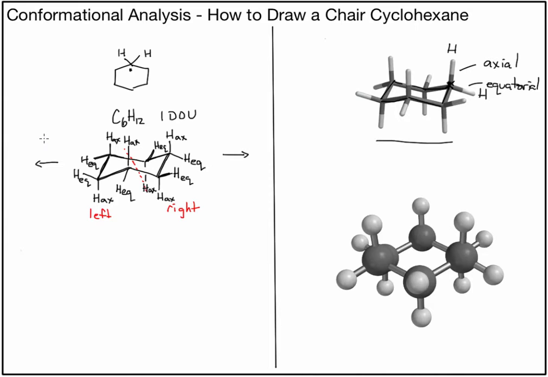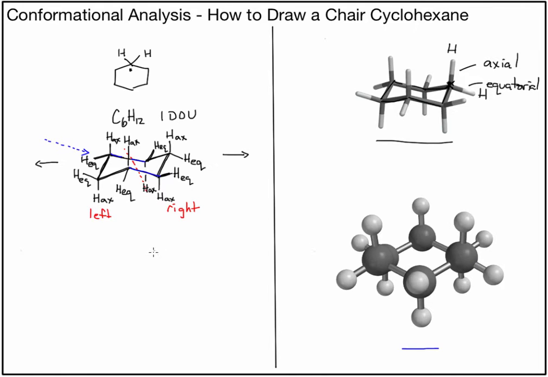So we're going to put our eye in the plane of the whiteboard and look down this bond here, this carbon-carbon bond. And it's going to be a double barrel Newman projection because we're also going to look down this bond here. So the Newman projection is already represented by this 3D model here. So we're looking down, this is the left carbon-carbon bond, this is the right carbon-carbon bond.